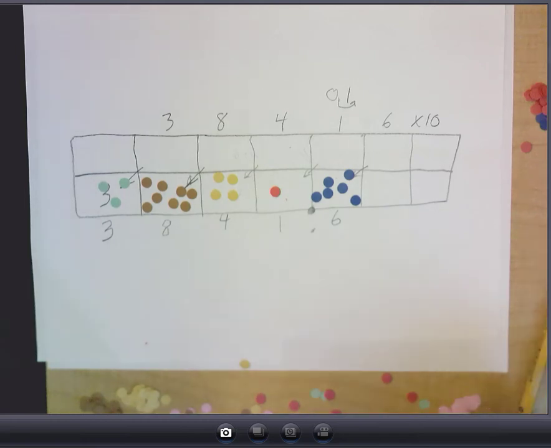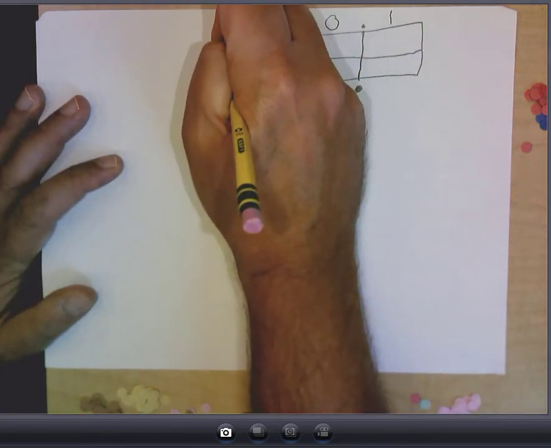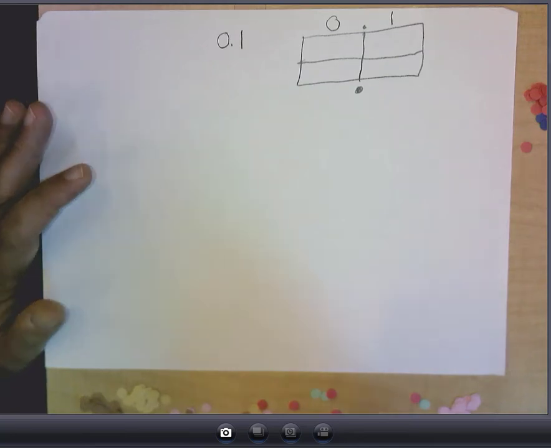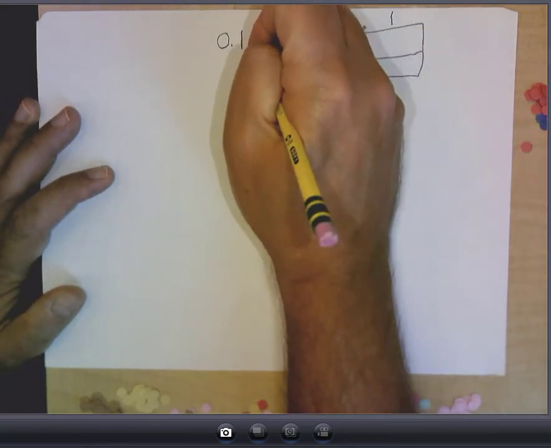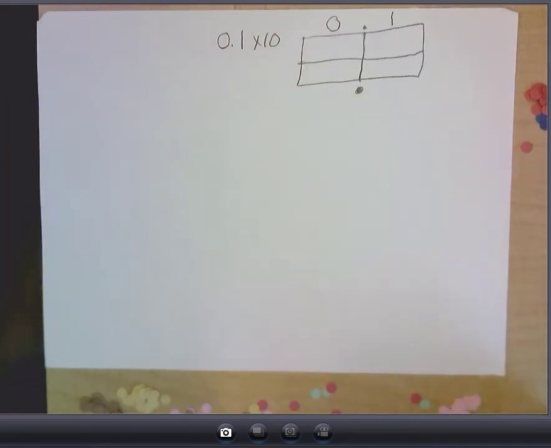We're going to take a look at something else in just a second. Okay, we're going to keep it simple this time. That last one was kind of complicated. So this time we're going to look at this number, 1/10. We're going to multiply that by 10. 1/10 times 10. So let's start off.